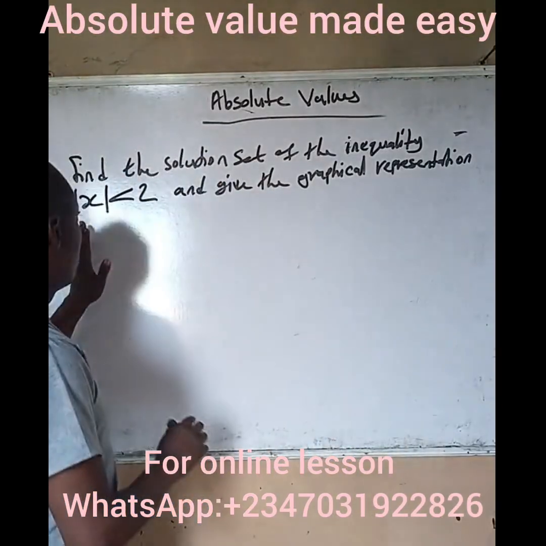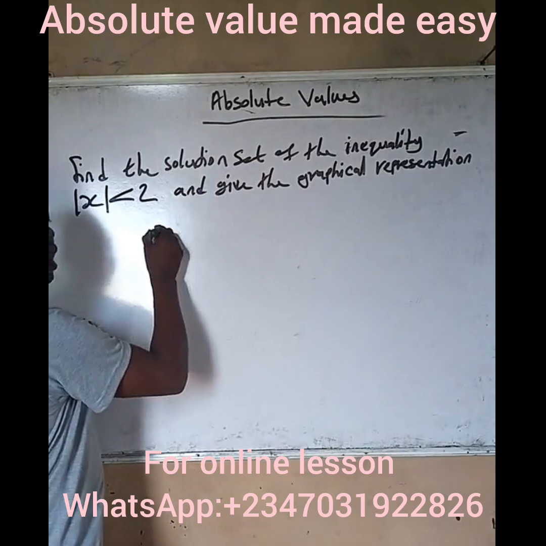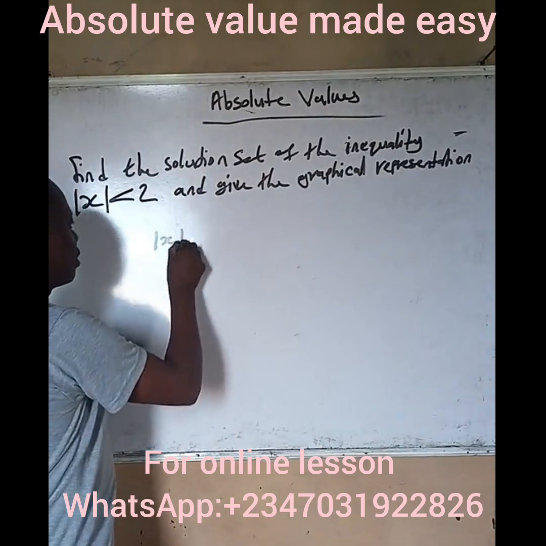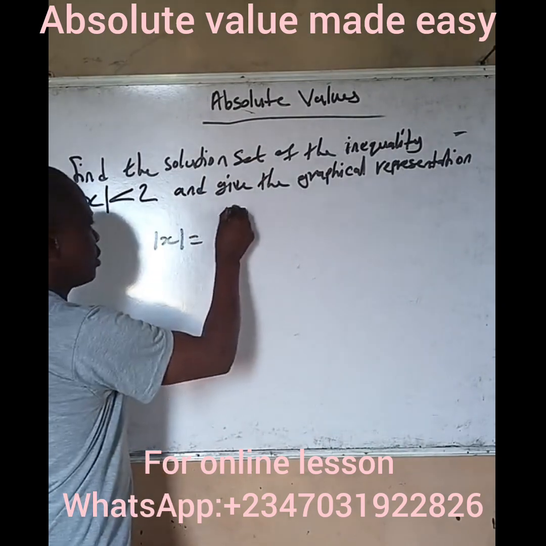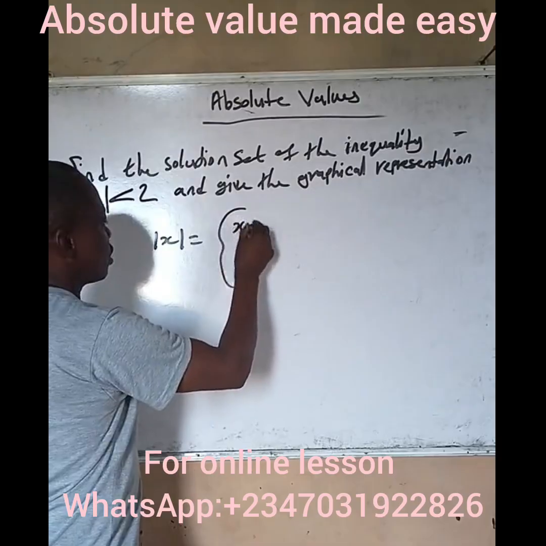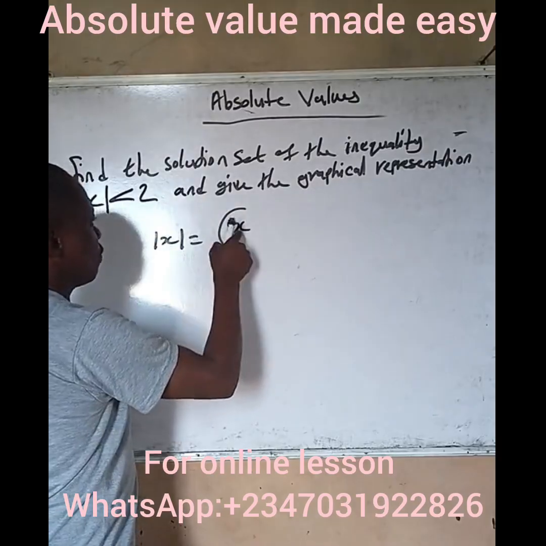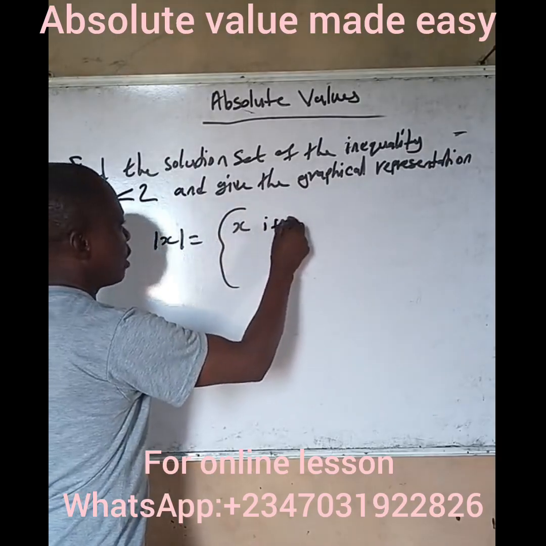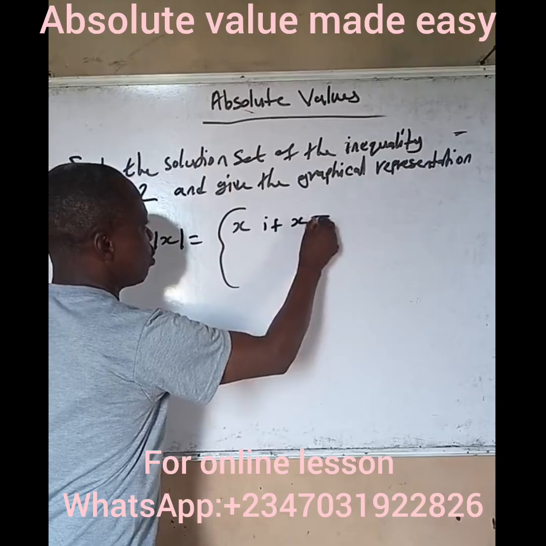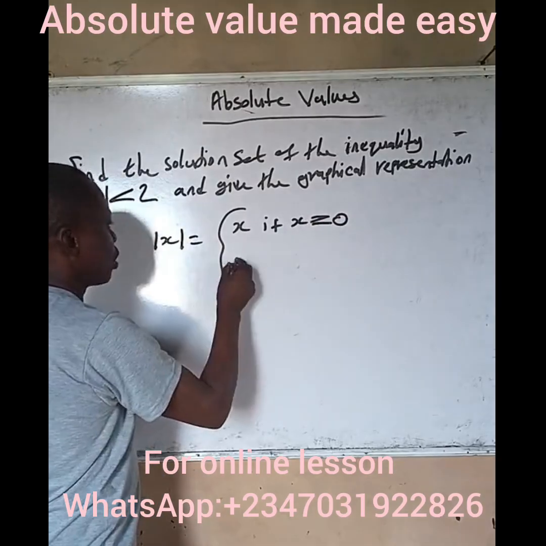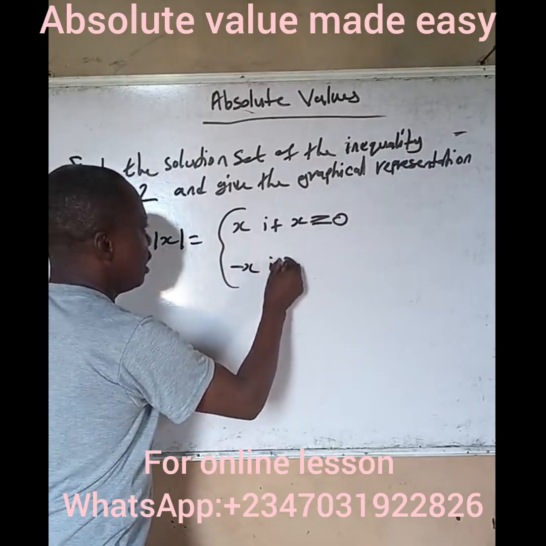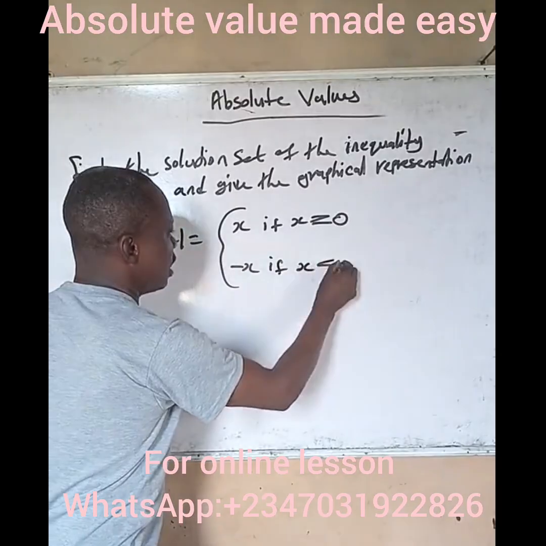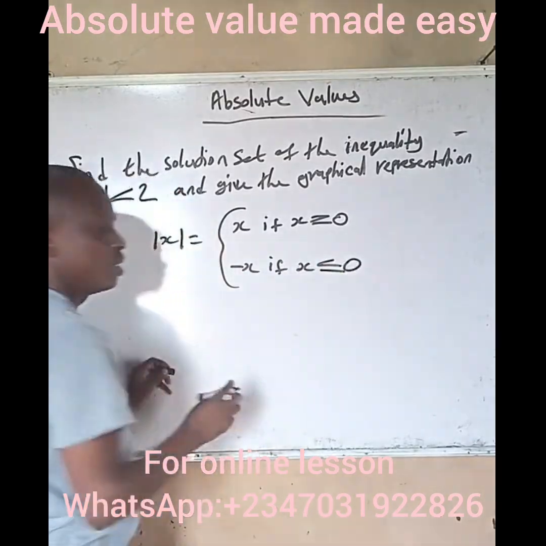Remember that to find the absolute value of x, I said that the absolute value of x will give us x if x is greater than or equal to 0, and it will also give us minus x if x is less than or equal to 0.